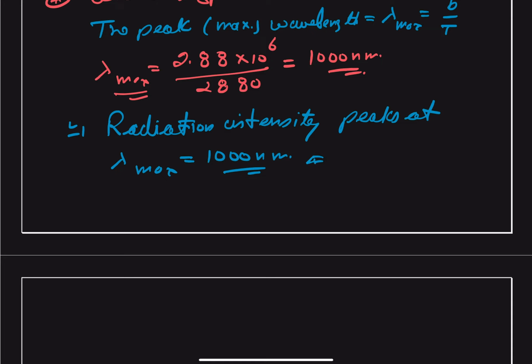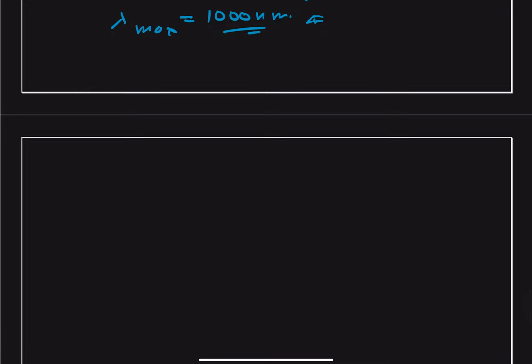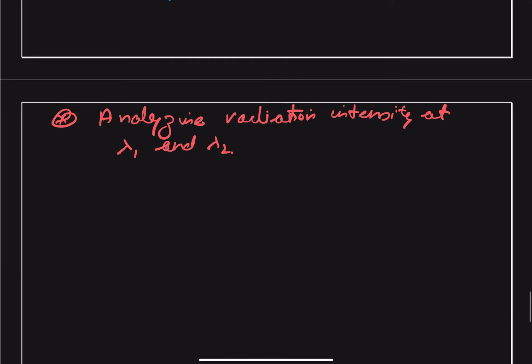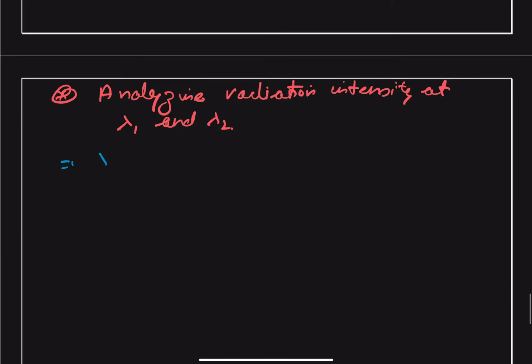Now we are going to analyze the radiation intensity at the two wavelengths lambda 1 and lambda 2, where lambda 1 is 499 nanometers and lambda 2 is 999 nanometers.